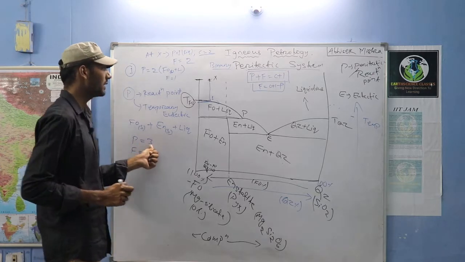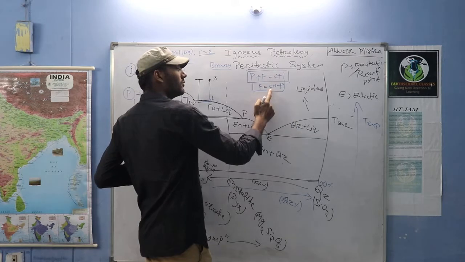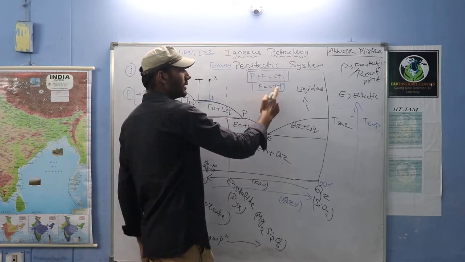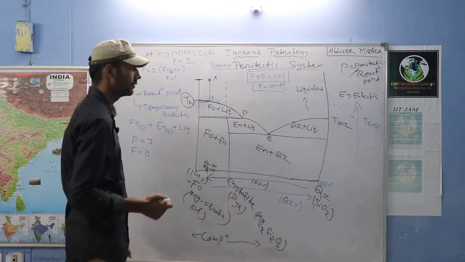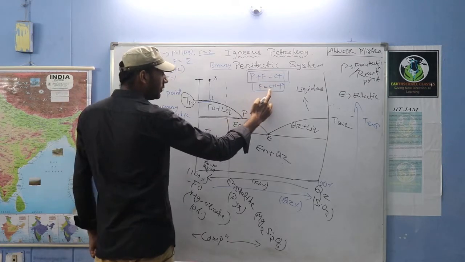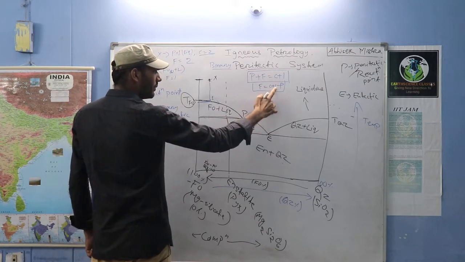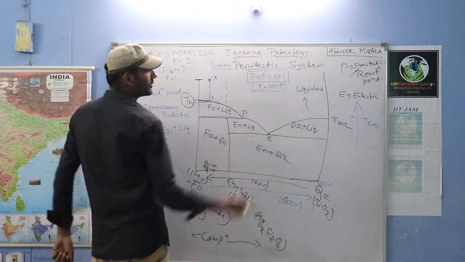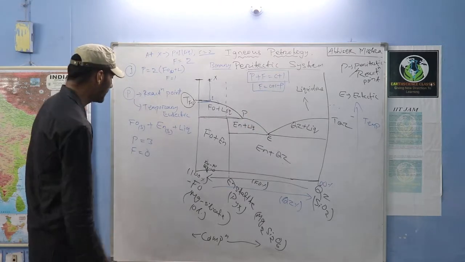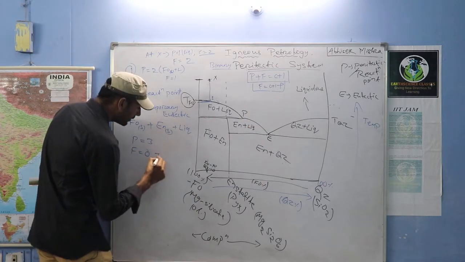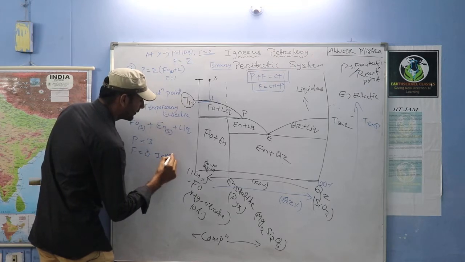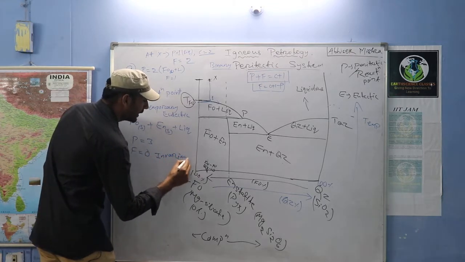How? When phases become 3, then C is 2, components is 2, 2 plus 1 is 3, minus 3 is equal to 0. The number of components is 2 plus 1, that will be 3, minus number of phases, which is 3. So degree of freedom becomes 0. When degree of freedom becomes 0, we name it invariant.